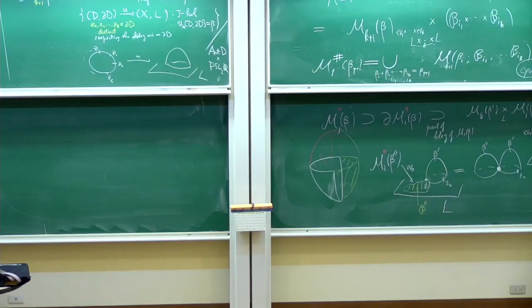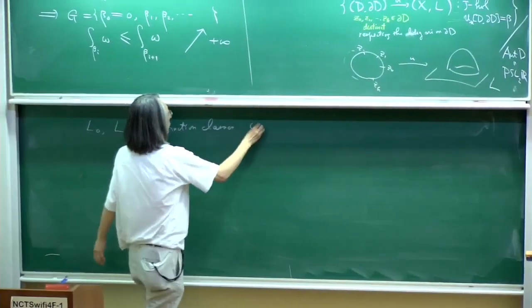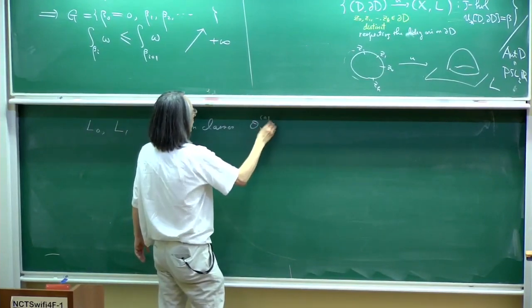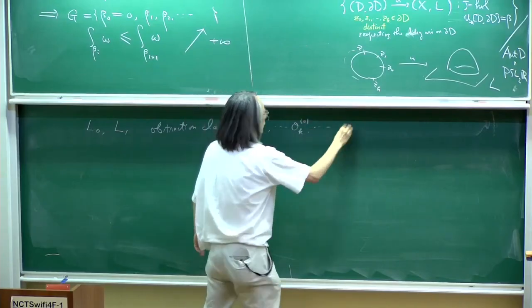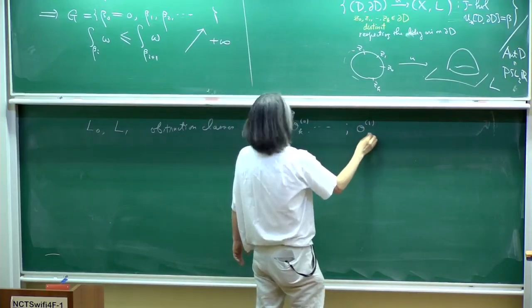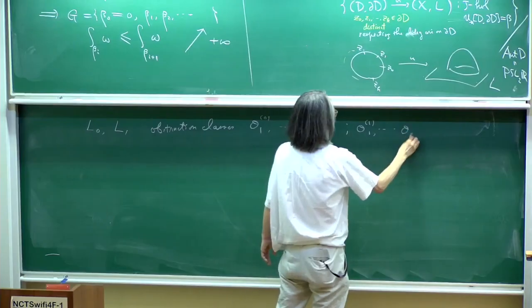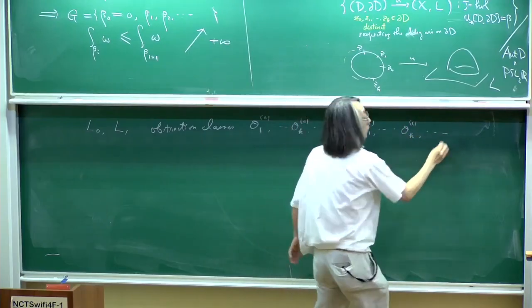Okay? And then for L0, maybe I have observation classes O1 of 0, OK of 0, and so on. And also O1 of 1, OK of 1, and so on, right?